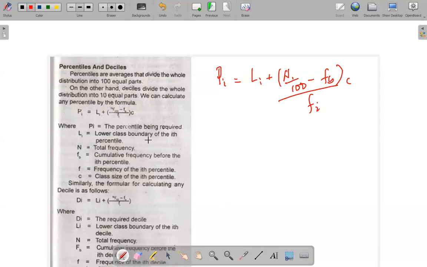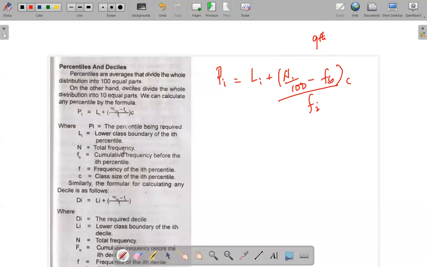Li is the lower class boundary of the ith percentile. For example, if I am asked to find the ninth percentile, my Li will be the lower class boundary of the ninth percentile. That is what it means, the lower class boundary of the ith percentile.